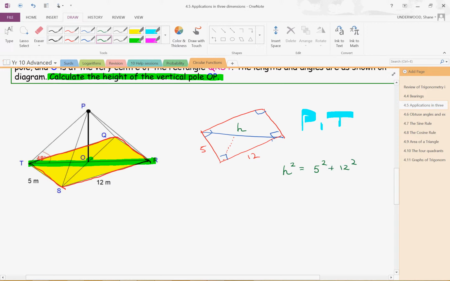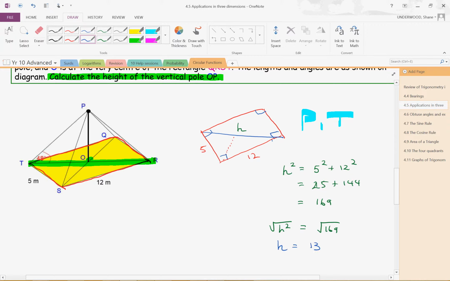Now, 5 squared is 25, 12 squared is 144, so that's 25 plus 144, which is equal to 169. The square root of h squared gives me h, and the square root of 169 is 13. So h is equal to 13.